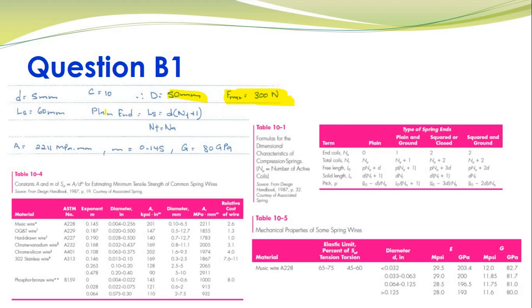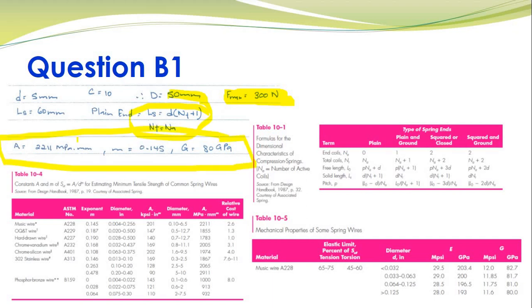For plain ends, what we can do is we can get this information, and since it was a music wire, we can also get this information. So what I'll do is we will refer to table 10-1, 10-4 and 10-5 for obtaining this information that we have over here. So what I normally do is I list them in the beginning, but if you want to solve them step by step as the question appears, you can do so.